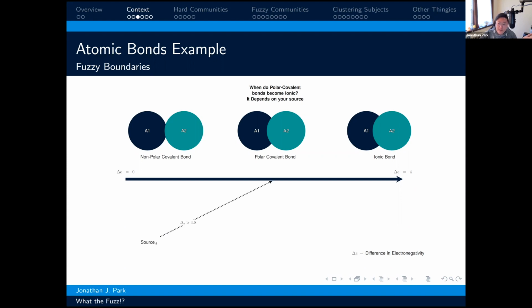Source A says that it's at a delta E of 1.8, which is fantastic, right? So if I have two atoms and their delta E is 1.9, I have an ionic bond. And then source B says greater than 2. So now my ionic bond is no longer an ionic bond, it's a polar covalent bond again. And then this paper that I read said, I don't know, it's between 1.5 and 2.